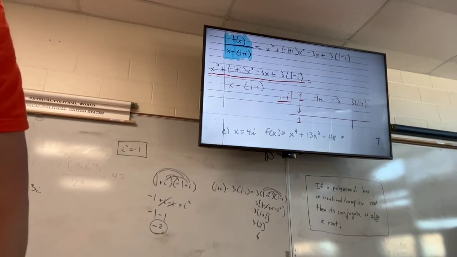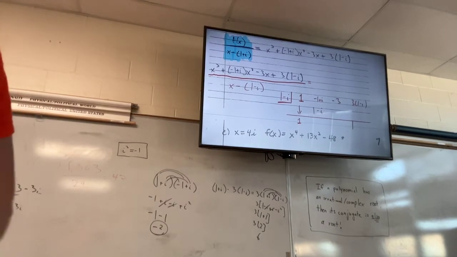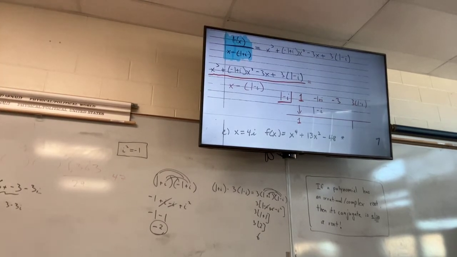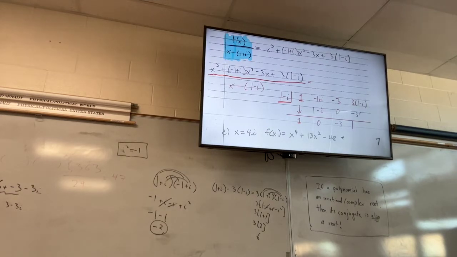1 minus i times 1 is 1 minus i. Negative 1 plus i plus 1 minus i, that's 0, right? 1 minus i times 0 is 0. Negative 3 plus 0 is negative 3. 1 minus i times negative 3 is negative 3 times 1 minus i.